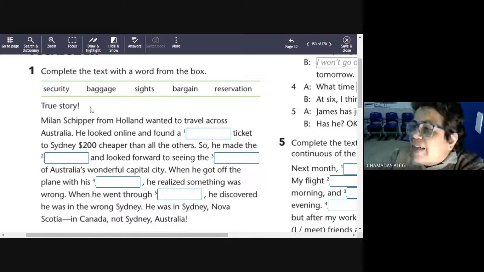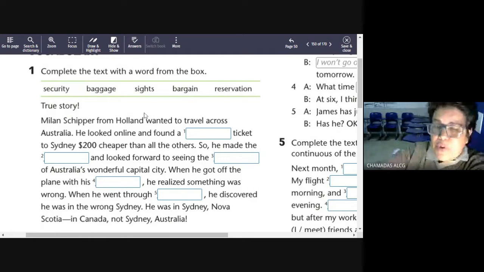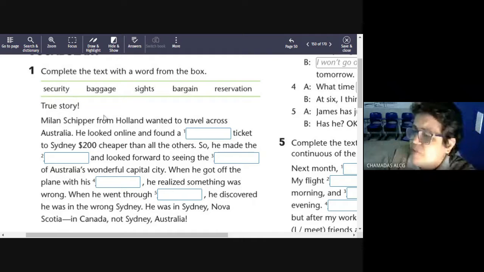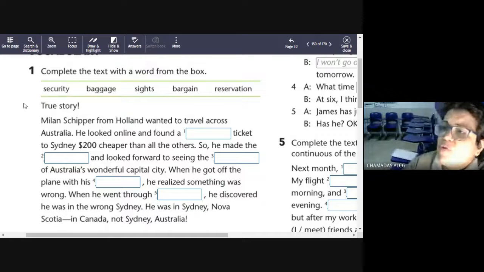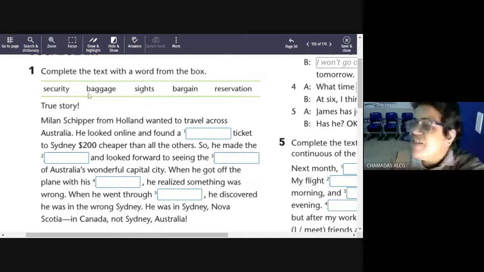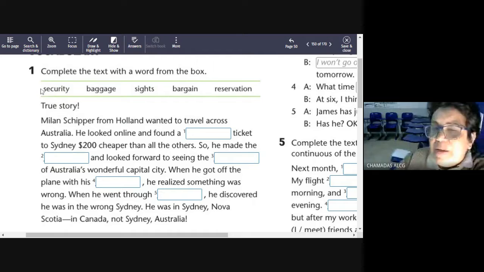I know we have already done this activity, but I'd like to review the vocabulary. The activity says, complete the text with a word from the box. So we have security, baggage, sites, bargain, and reservation.